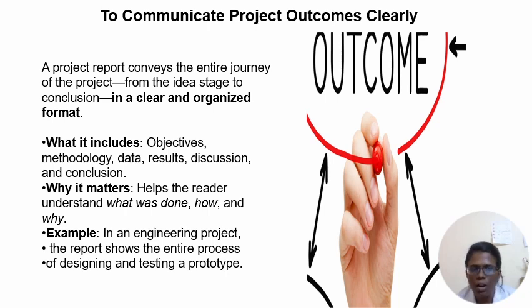This entire process is recorded in the project report, which helps readers understand what was done, how, and why. For example, in an engineering project, the report shows the entire process of designing and testing a prototype. So this is the first purpose of writing a project report.